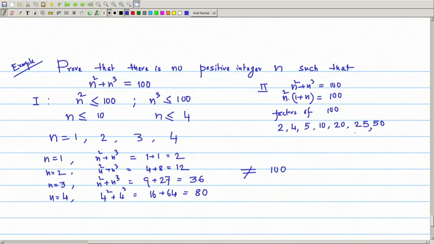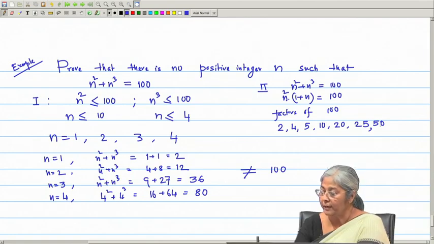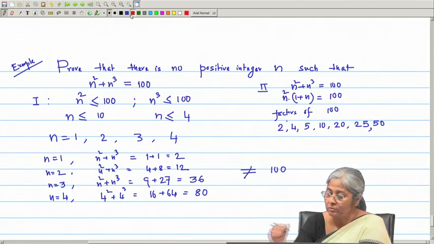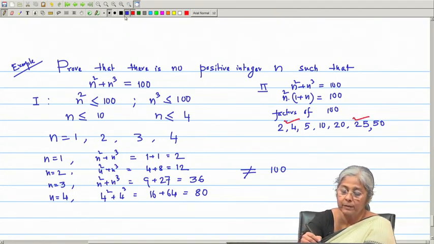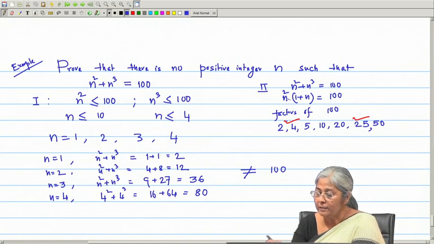Now, n square is a perfect square, and among the factors of 100 there are only two perfect squares, 4 and 25. So, if n square is 4, then n is 2, so 1 plus n is 3.